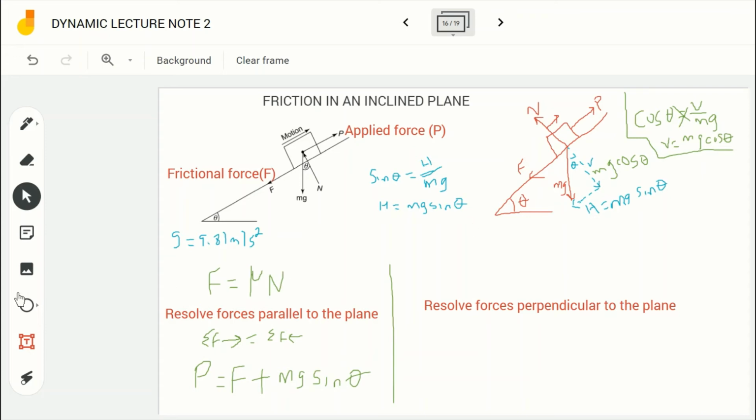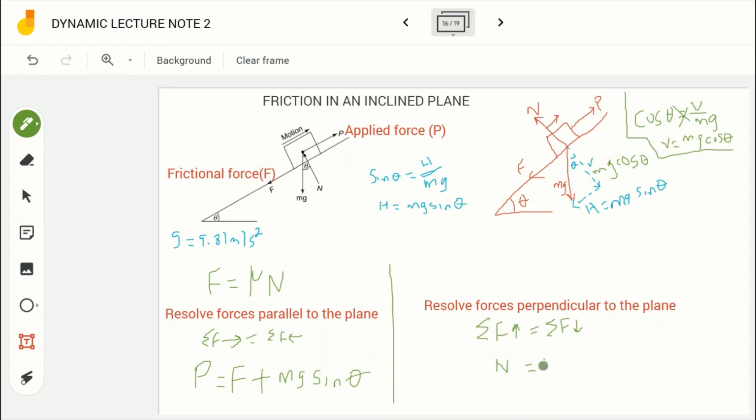So I can say, therefore, the sum of forces going up is equal to the sum of forces going down. The force going up is my N, as you can see right here, it's perpendicular. So my N is equal to the force going down, which is my V, and my V is mg cos theta.